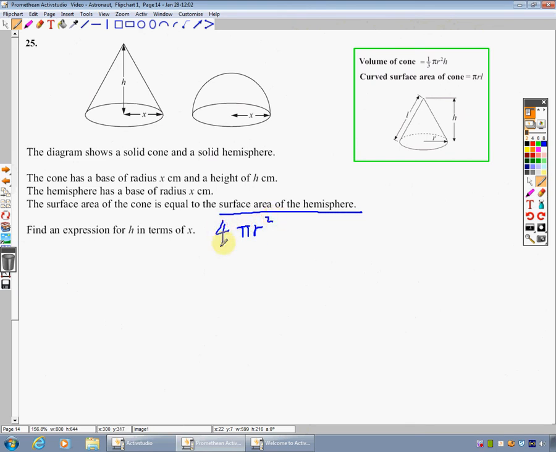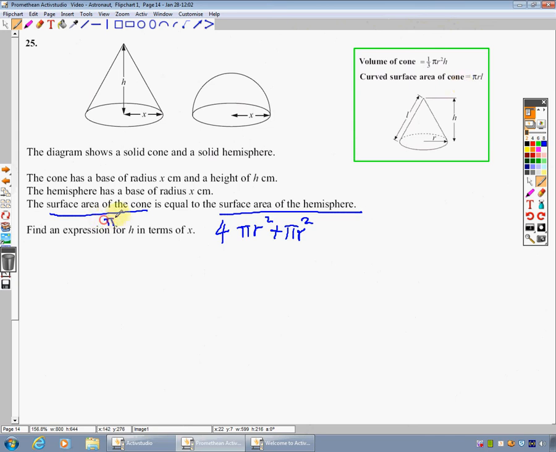Curved surface area. And the surface area of the cone is going to be our pi r squared. It's a circle, don't forget the circular base. Pi r squared circular base plus the surface area of that curved bit. Actually, thinking about that, pop it back.